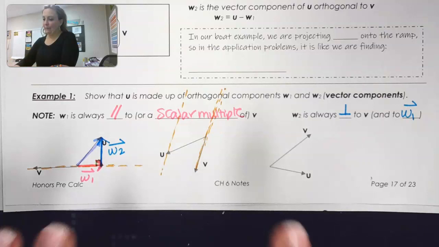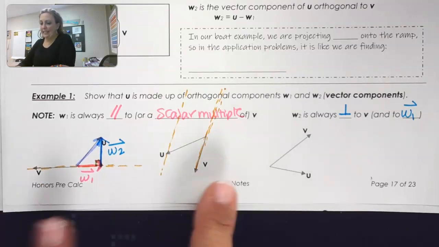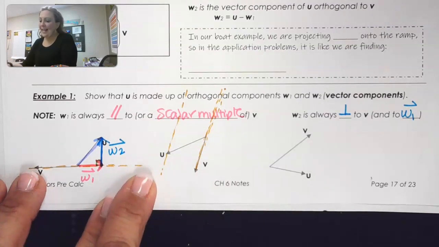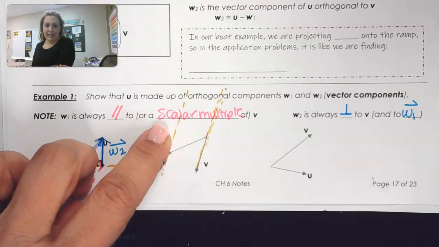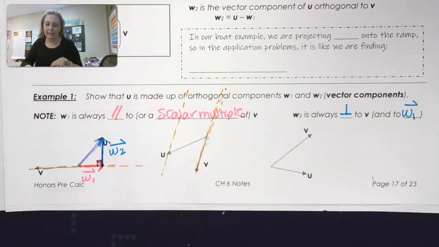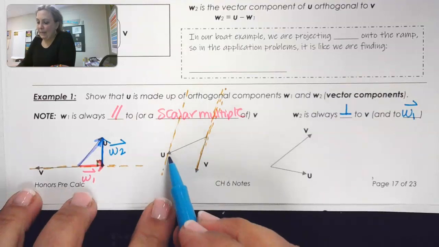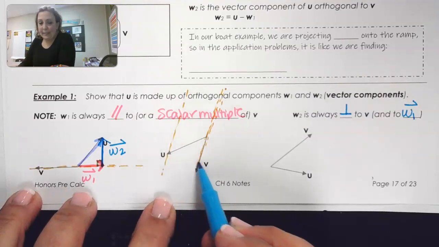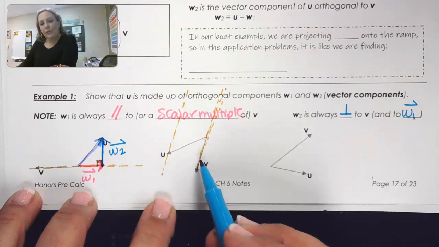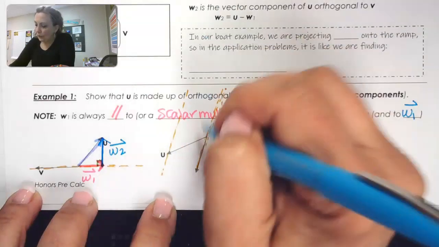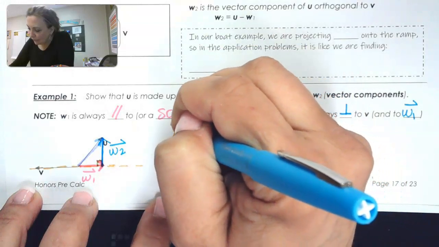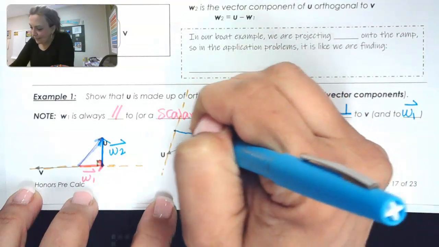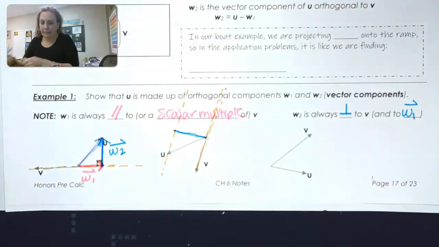So let's say that we've kind of moved this idea of the vector V over here. And let's make W1 on this vector that is parallel to vector V. Now in the other one, what I did is I went from the end of U and dropped the perpendicular to V this way. When you're doing it parallel, I'm going to go where U begins, and this is where I'm going to make my perpendicular line segment, okay.